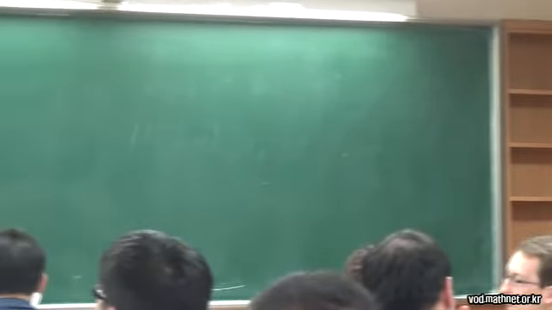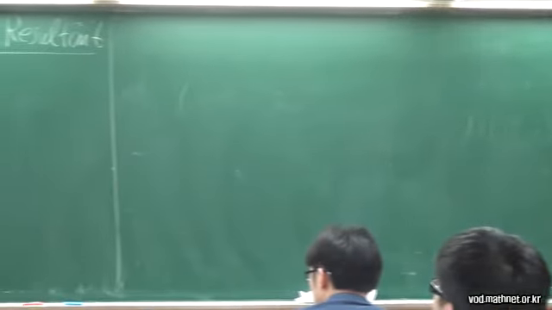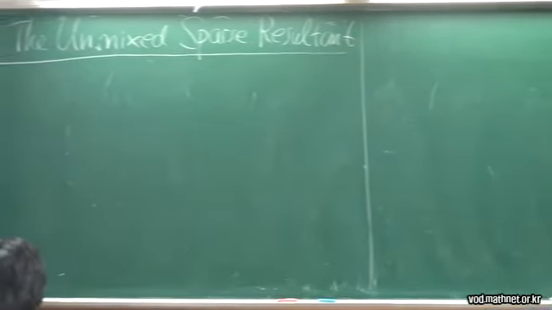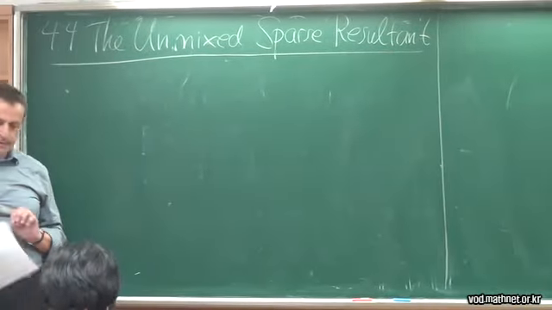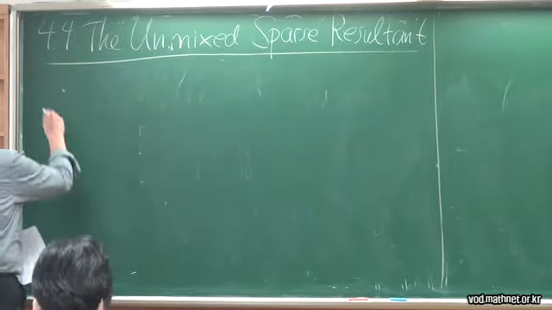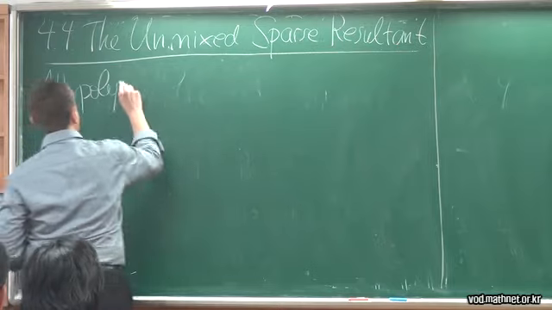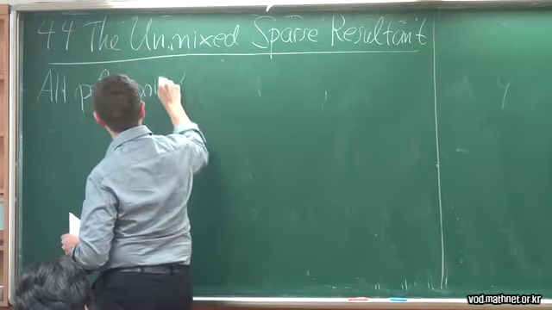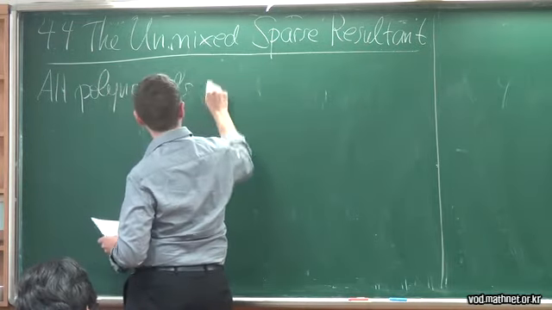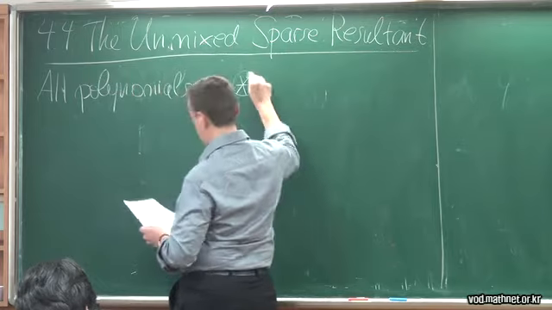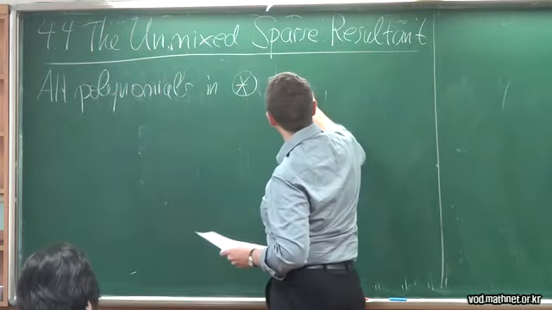Okay, so I'd like to now talk about a special case of the sparse resultant, which is the unmixed sparse resultant. And by unmixed, I mean that our n+1 polynomials all have the same support.